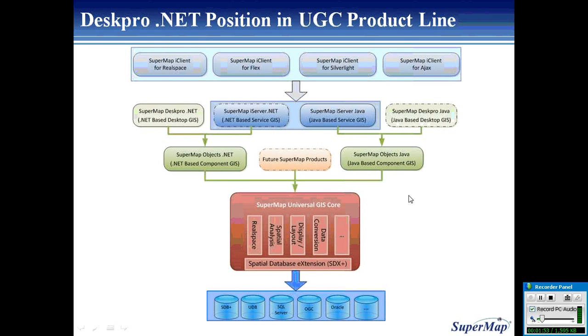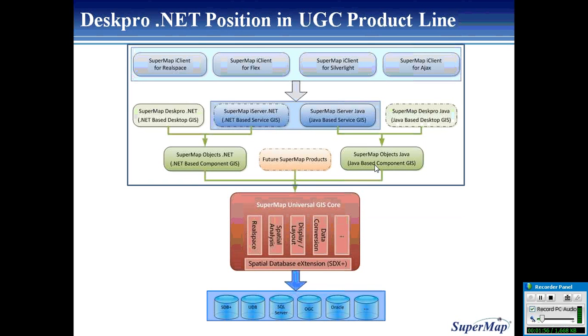Okay, the first topic. In this picture, all the products, what you can see, are all constructed based on SuperMap Universal GIS. The idea of UGC is to separate all the GIS functionalities and algorithms from the information technology.